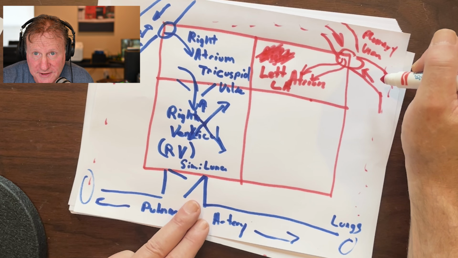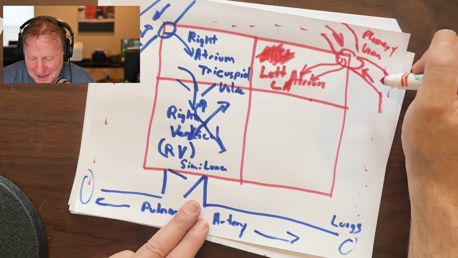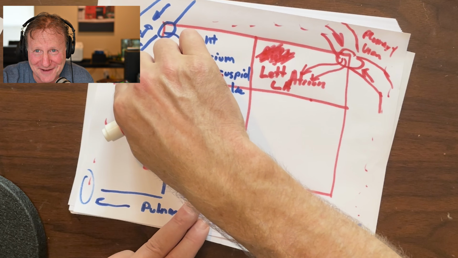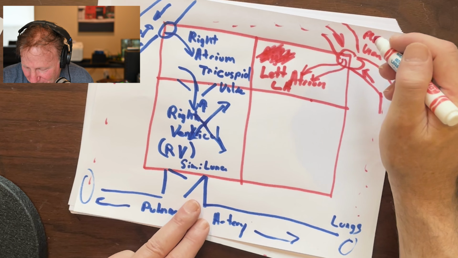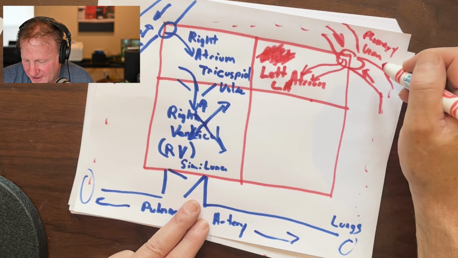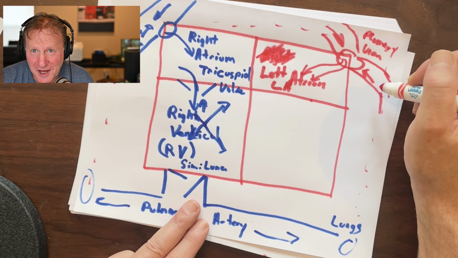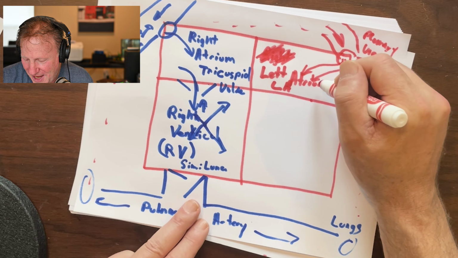All other veins actually have unoxygenated blood, like, for example, the vena cava, all right? But the pulmonary vein brings freshly oxygenated blood from our lungs to the left atrium.